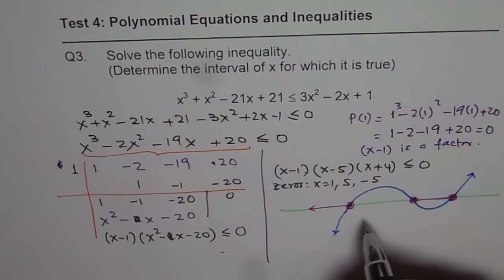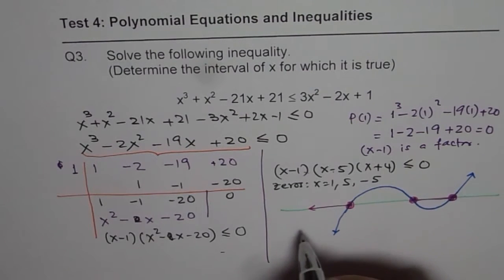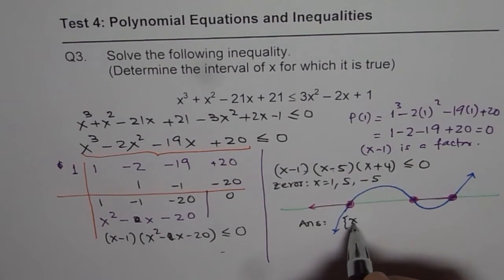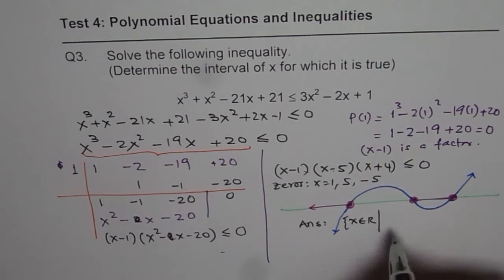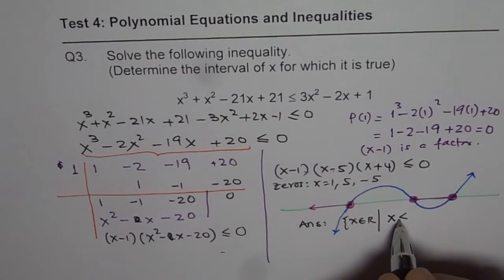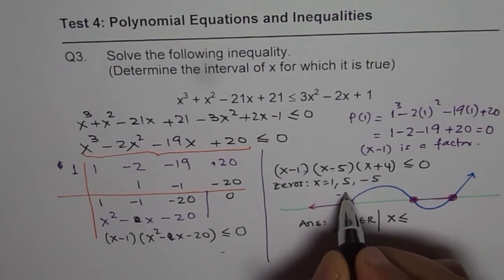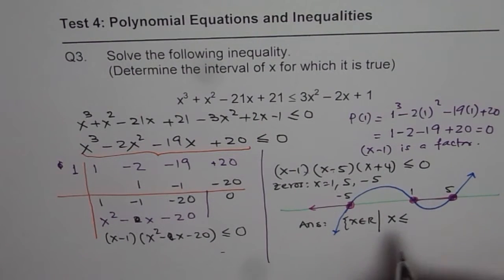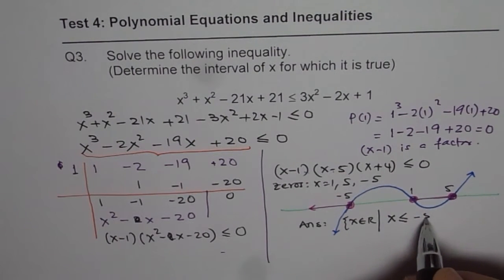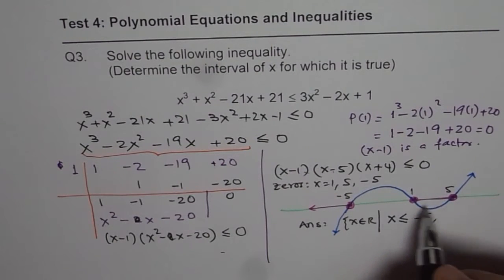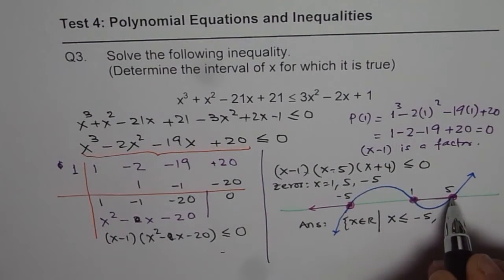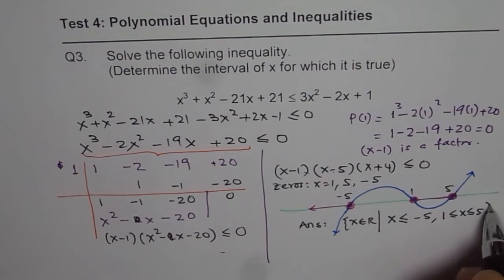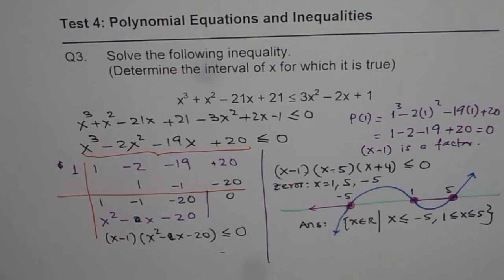Now I can write down the solution as my answer. X belongs to the real numbers where x is less than or equal to minus 4. I made a mistake there, the zeros are minus 4, 1 and 5. So x is less than or equal to minus 4, and x is between 1 and 5, including both.